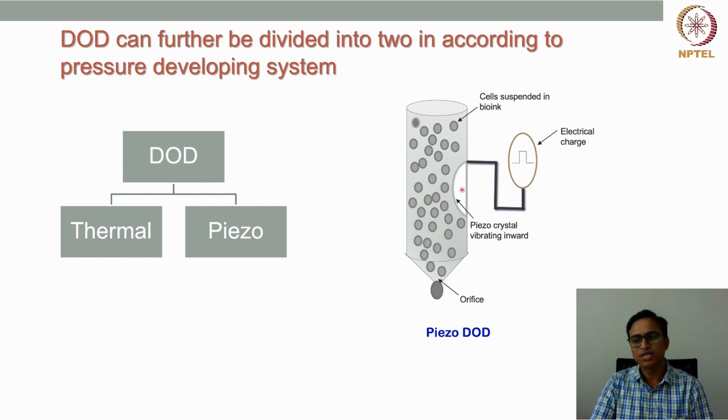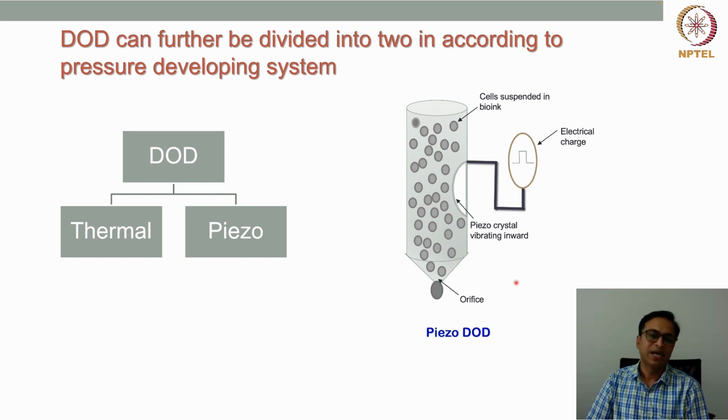But depending on the frequency, if the vibration frequency reaches somewhere like 15 to 25 kilohertz, that can be detrimental to the cells. A few studies have found that there can be cell damage if the vibration frequency is in that range. But if you can control or optimize the process parameters, like selecting the vibration frequency within a certain range, then this can be very well used for printing cells.